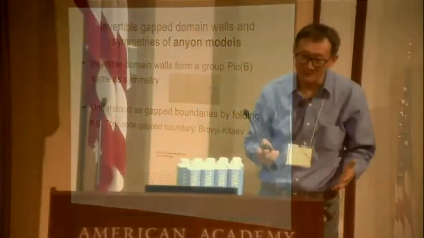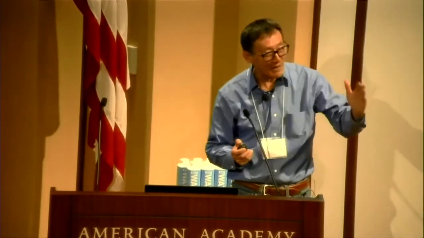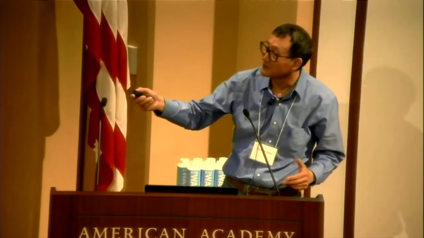So now I will talk about symmetry as invertible domain wall by this theorem. And to study domain walls, that really was started by the oracle Kitaev on this subject. So he studied gapped boundaries. And a domain wall can be turned into a special case of gapped boundary. You just take this piece and you fold it. It's just a gapped boundary from two pieces.